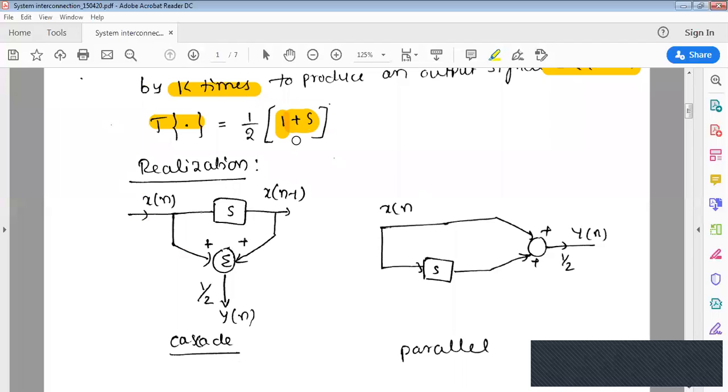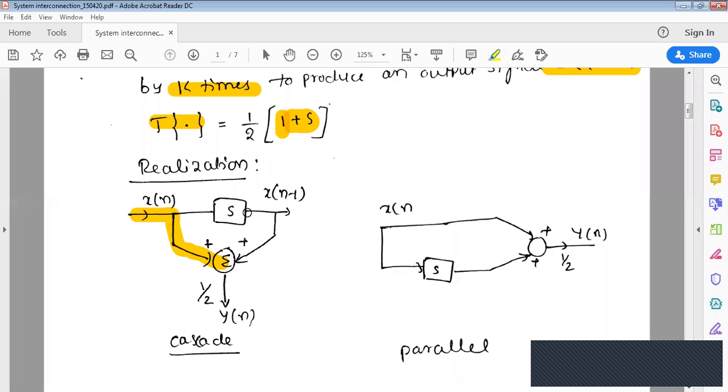What I will do is first I will implement 1 plus s. How do I implement 1 plus s? X of n is given as it is. Look here. X of n goes to the output as it is, plus x of n is delayed by 1 time unit, that is represented by s. So x of n, when transformed by s, will become x of n minus 1.